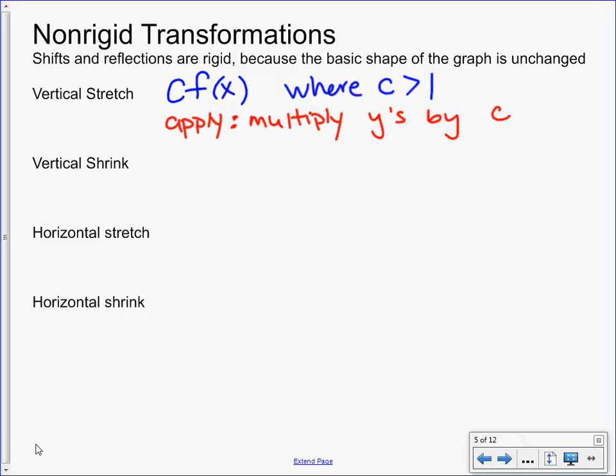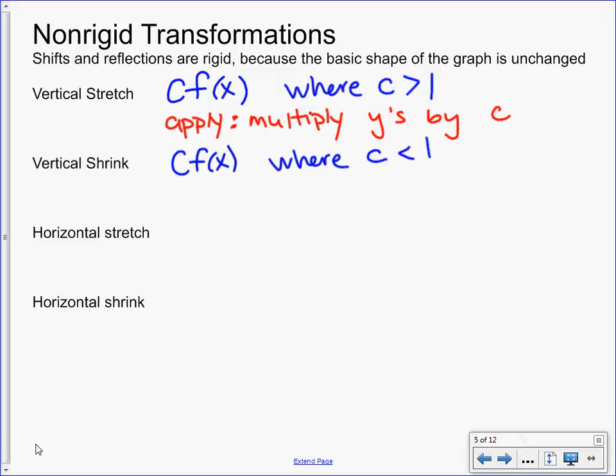So if we want our graph to shrink vertically, how are we going to rewrite that rule? If we have a C multiplied on the outside, but now C is less than 1, we're going to have a shrink.